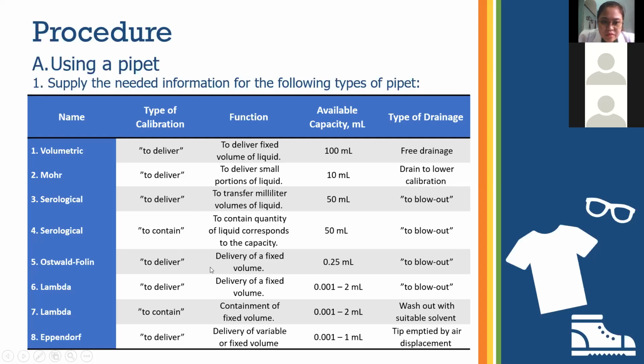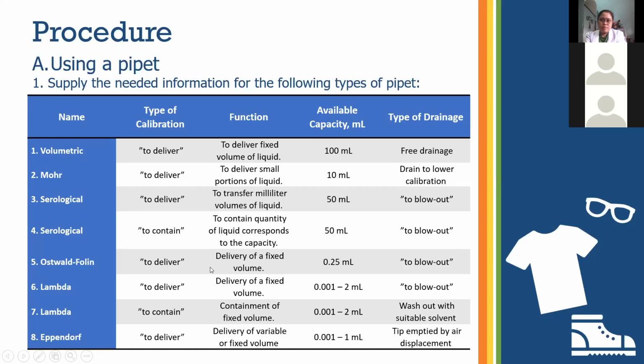The lambda also has two types of calibration. First is to deliver a fixed volume with the capacity of 0.001 to 2 ml, and its type of drainage is to blow out. The second type of calibration for lambda is to contain a fixed volume, with the same capacity of 0.001 to 2 ml, and its type of drainage is to wash out with a suitable solvent.